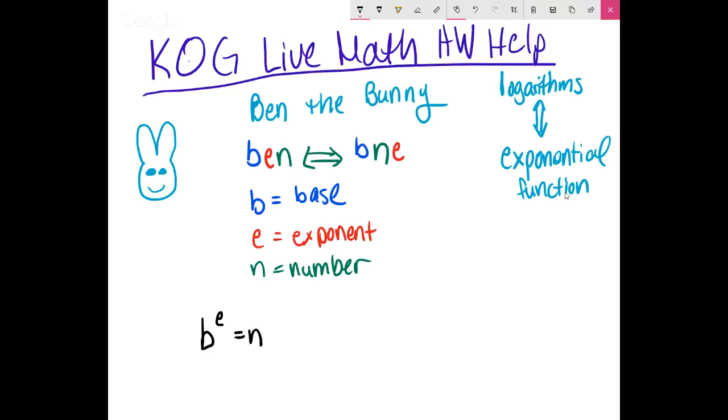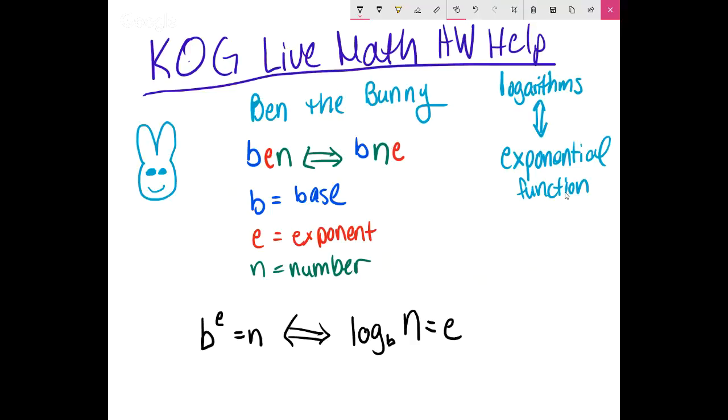And when we have a logarithmic equation, it's log, the base is b, then there's n, which is what it was equal to in the other equation, equals e. So the logarithm helps us find out what the exponent is, and it's usually when the exponent is a variable like x. We're going to look some more into that.